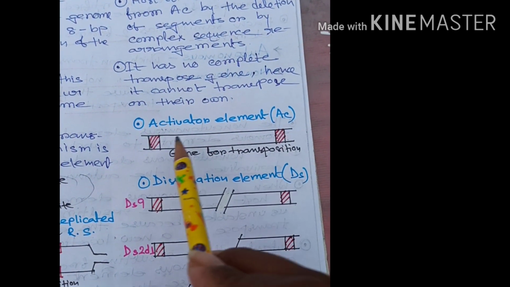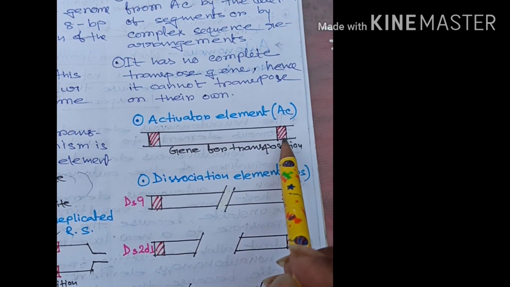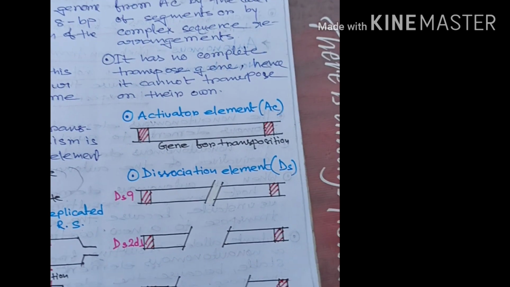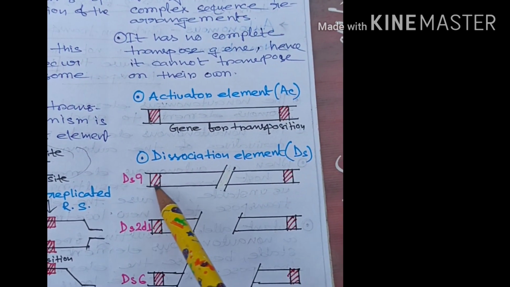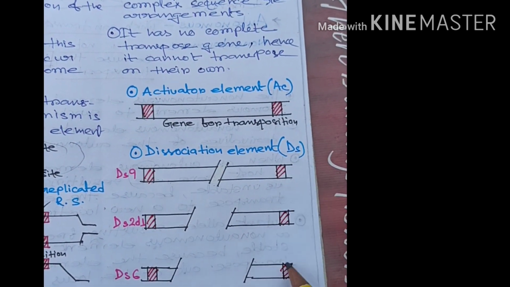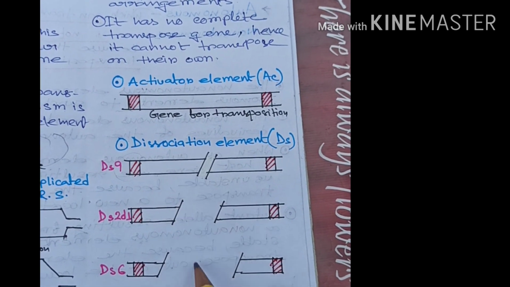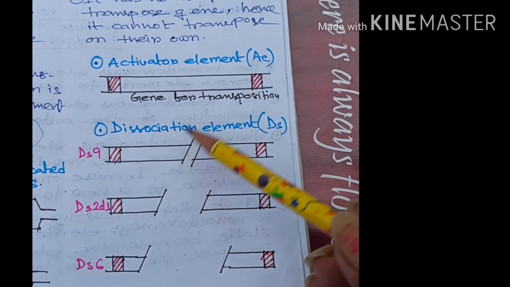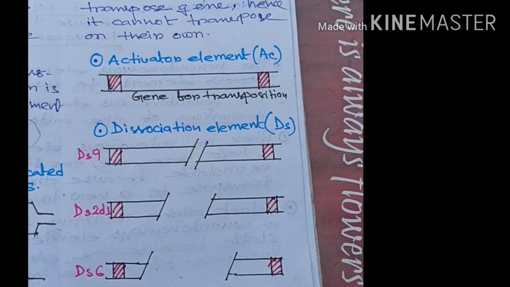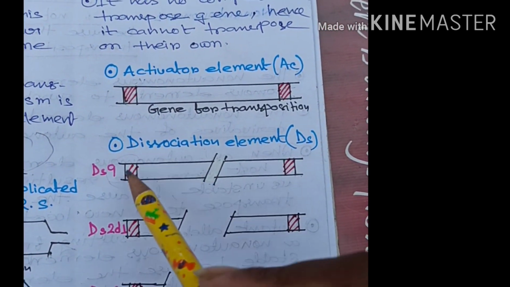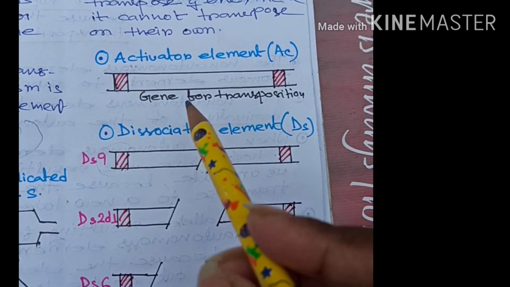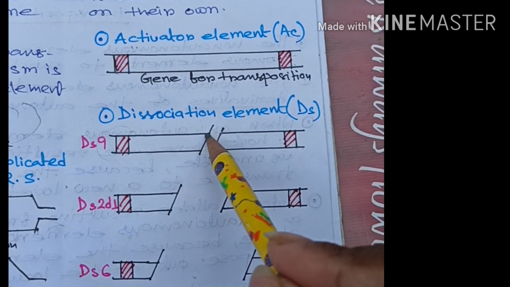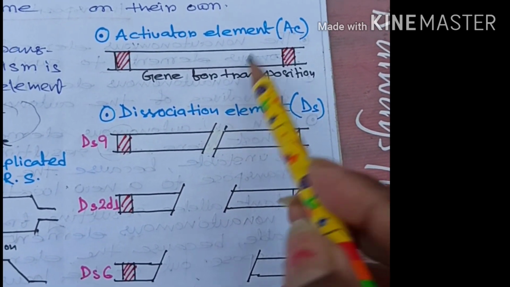It contains two IR repeats, and these are the DS sequences, which also contain IR repeats, but the sizes of the DS elements are not similar. It is thought that DS elements come from AC element due to the deletion of some portion of AC element.